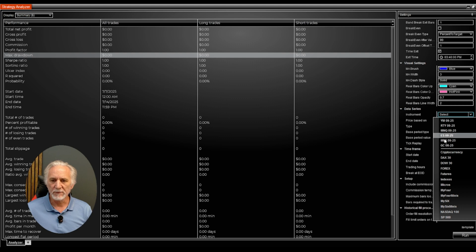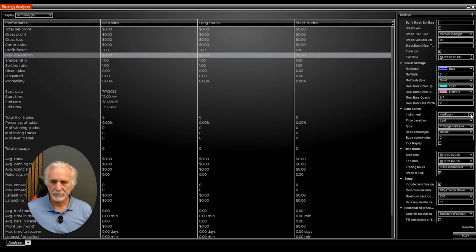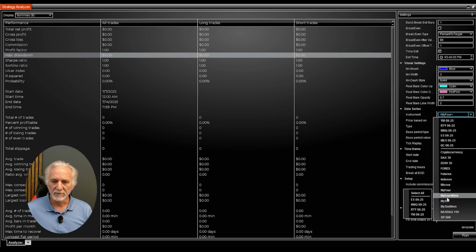Now we're going to do our 4-pack. The 4-pack is the ES mini. I'm doing all minis except the MNQ. We're going to stick to micros on the MNQ, because usually the micros on the MNQ won't add up to that many contracts.